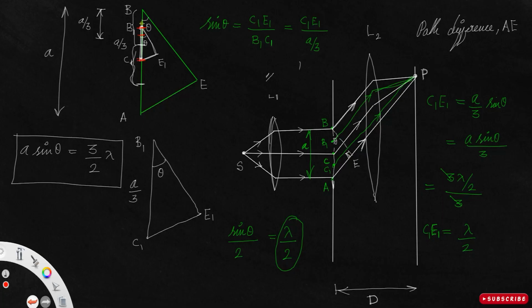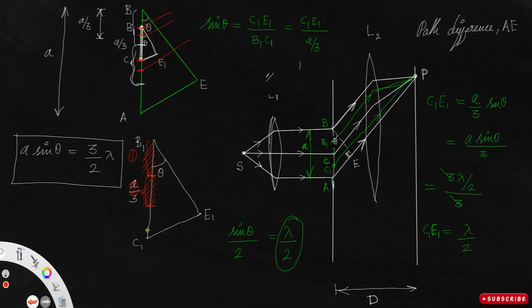If I take another point on the first third of the slit, it will be cancelled by a corresponding point on the second third. If I broke this whole slit into 3, all the points from slit 1 will be cancelled by all the corresponding points from the second slit.